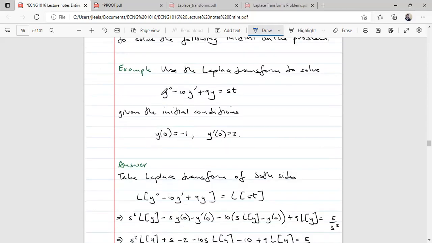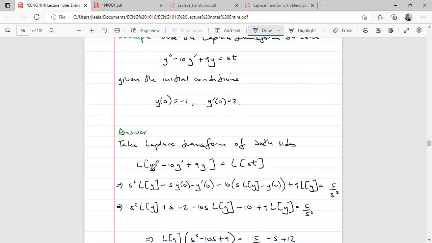So you're taking the Laplace of everything on the left and everything on the right. This is your first step here. Then you use your linearity property. So the Laplace of Y double prime will be s squared Laplace of Y minus s Y naught minus Y prime naught.